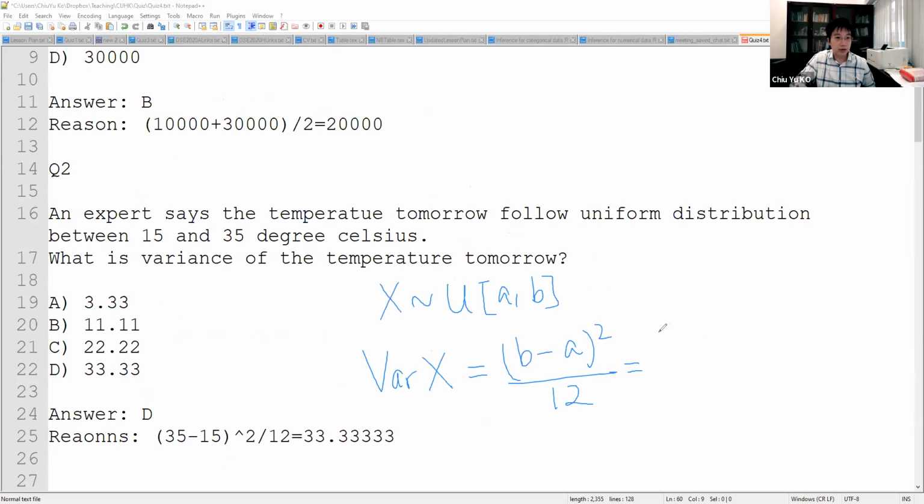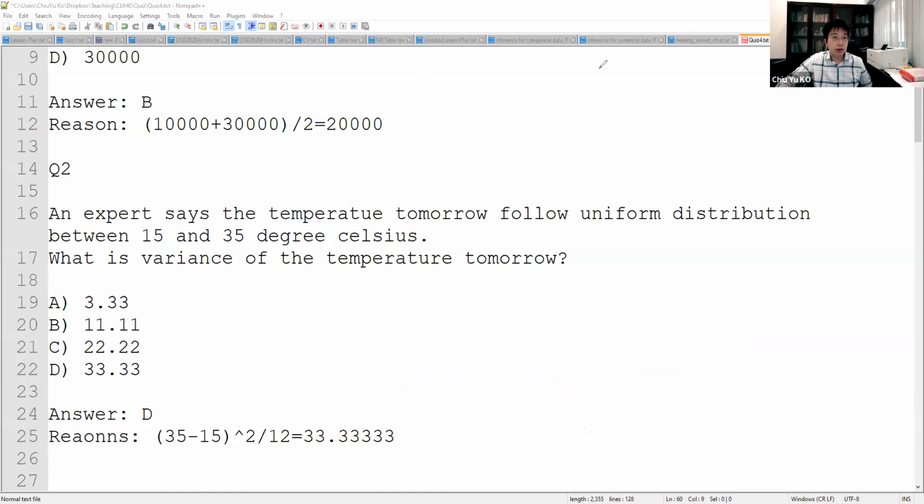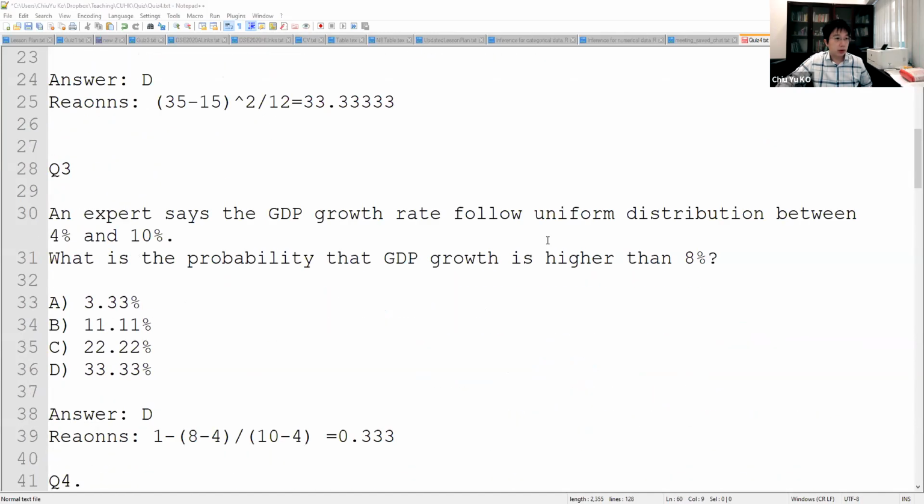So that means it's (35 minus 15) squared divided by 12, and that gives you 33.33. Okay, so that is how we're going to do that part. Is that okay? Let's clear the drawing and go to the next one.